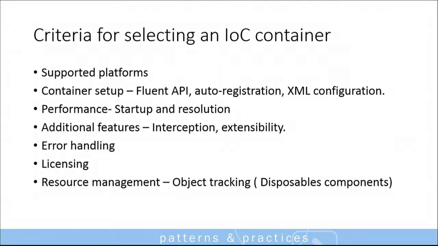The other criteria you may want to look at is how easy it is to set up the container, like whether it supports bulk registration for complex apps. As I said, it's very useful to have that feature. You may also want to see whether the container has a fluent API. If you choose the API option to wire up all your dependencies through code, to register all your types through code, then having a fluent API helps to use the container better.